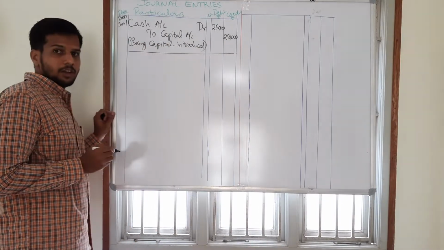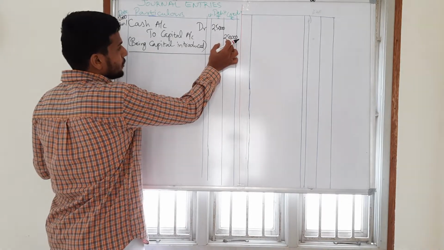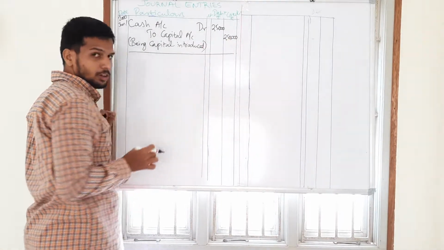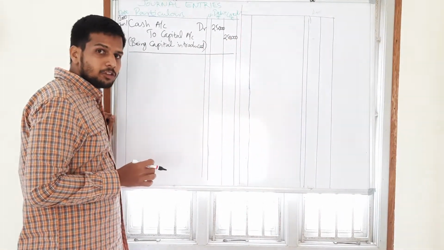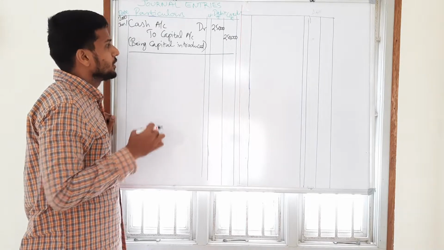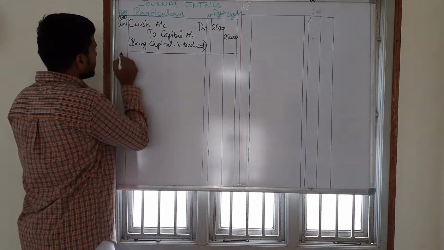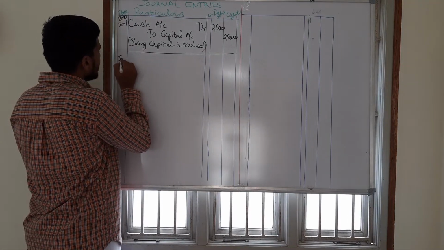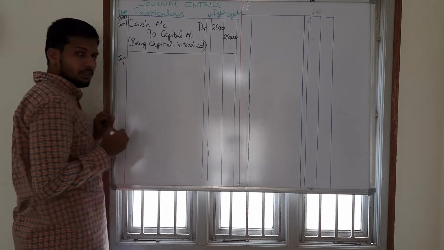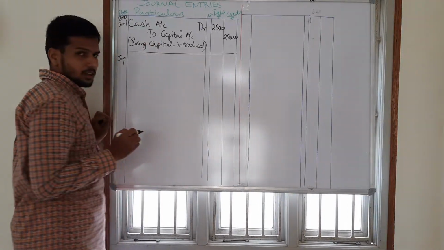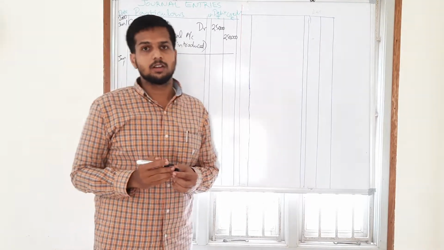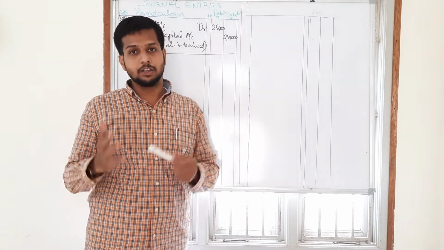On the same day, a part of this amount of 2,50,000, that is 1,50,000, is deposited into bank. So we write the same date, January 1. Here the transaction is cash deposited into bank.